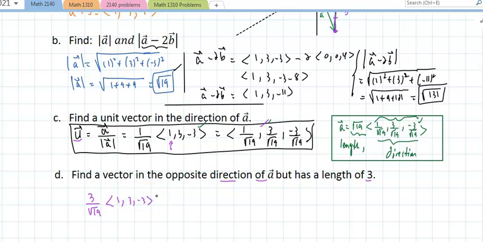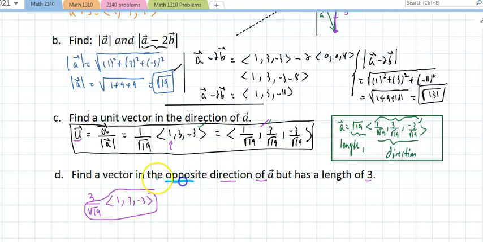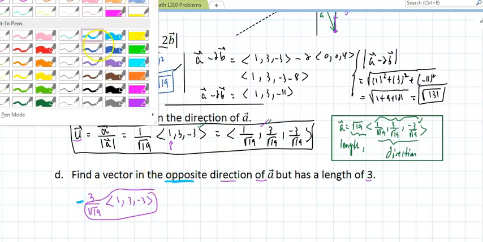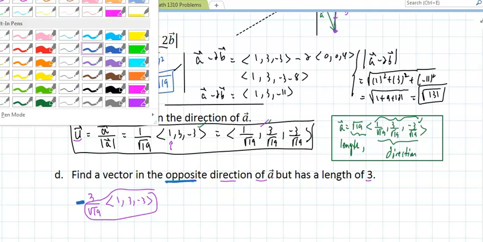That's a vector in the same direction as A, but has a length of 3, because the length of this is 1. If I want it to be pointing in the opposite direction, just multiply it by a negative. Let me use a darker color. There we go. And that will do the trick. And that's pretty much it.